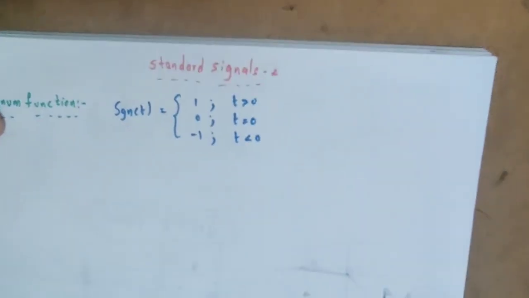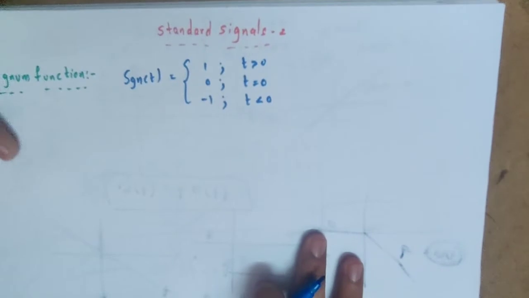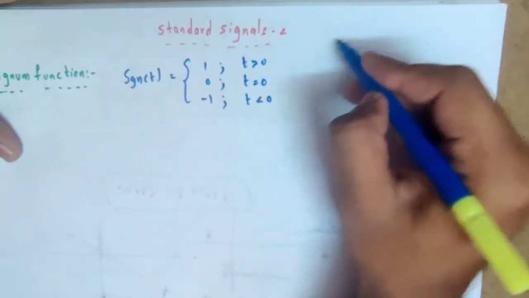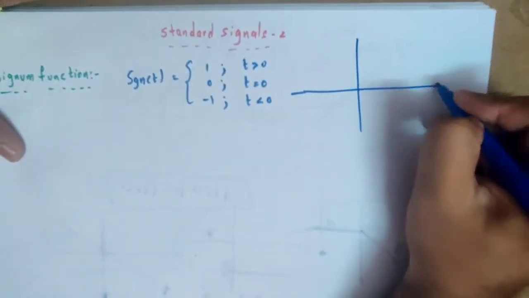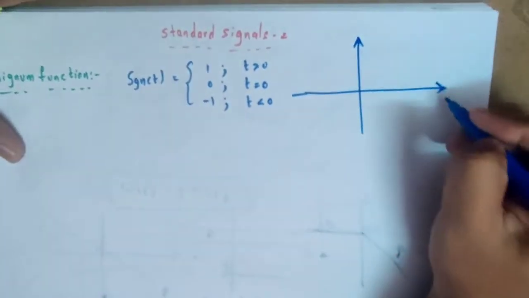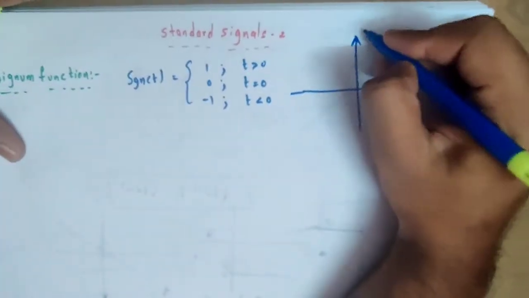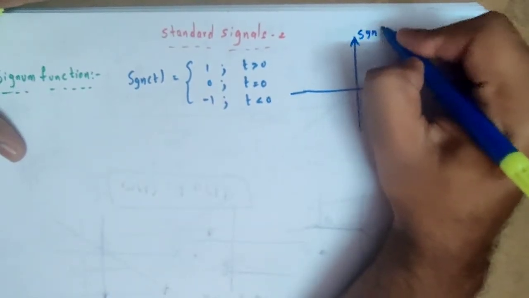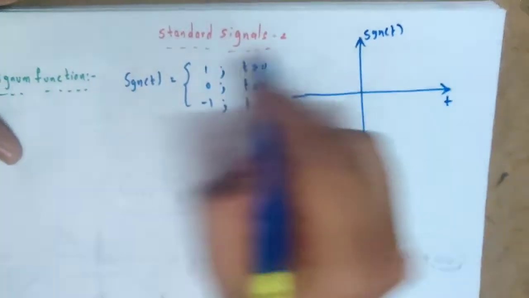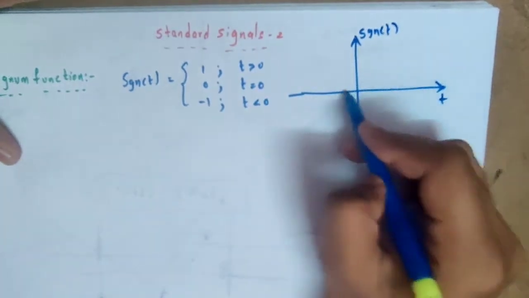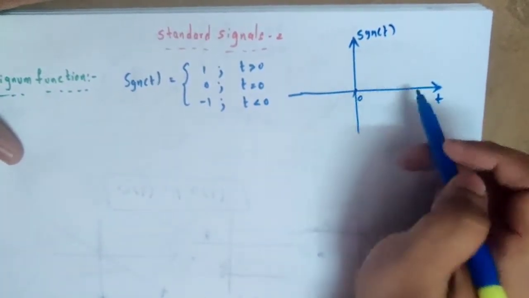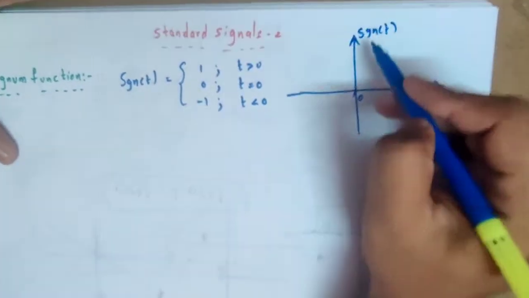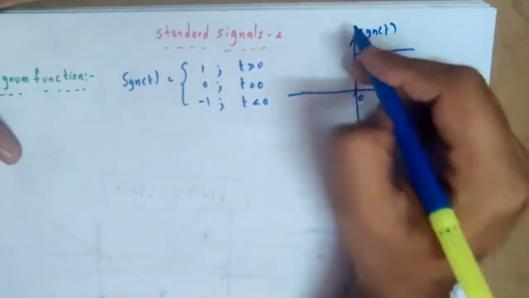Let us see how we can represent this signal in a graph. If you consider this graph, the x-axis is the time axis and the y-axis is Signum of t. That is our function. For t greater than 0, that is the right side of the origin, it is given as 1.